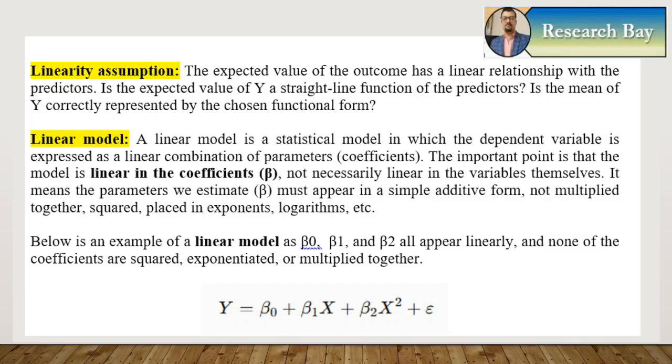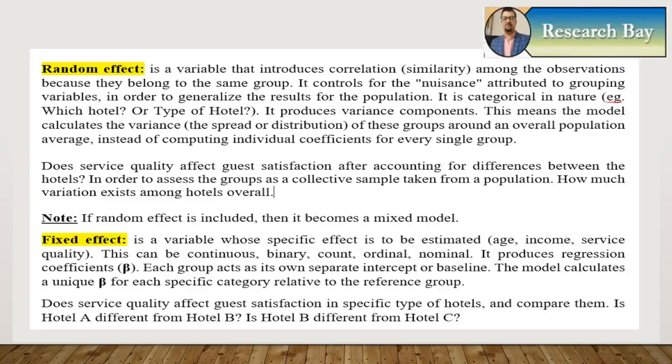Let us move ahead to understand what is random effect and fixed effect so that we understand these modeling techniques in a better way. Random effect is a variable that introduces correlation or similarity among the observations because they belong to the same group. It controls for the nuisance that is attributed to grouping variables in order to generalize the results for the population.